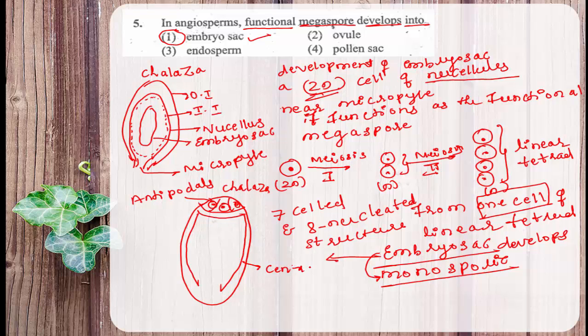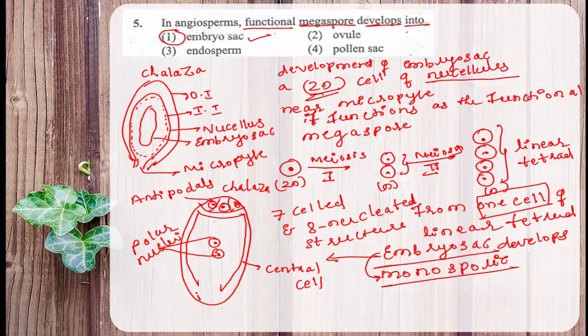Inside the central cell, 2 haploid polar nuclei are present, and during fertilization these polar nuclei fuse with each other and produce the secondary nucleus.